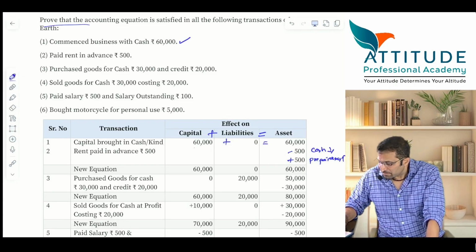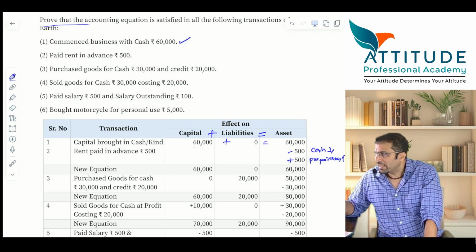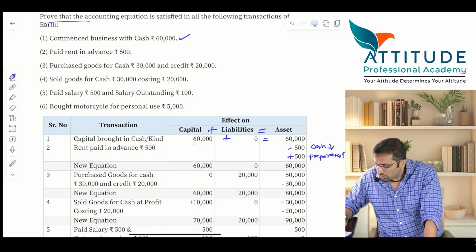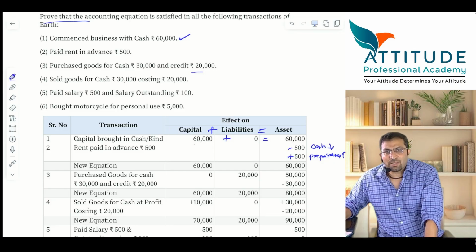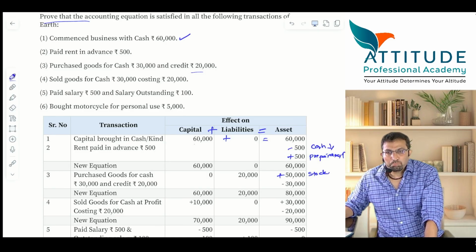Rupees how much? 30,000. And credit 20,000. Now, goods purchase means stock is going to increase. Purchase goods for cash 30 and credit 20. So, total goods purchased are how much? So, it will be plus 50. Stock is increasing. Barabar hai?